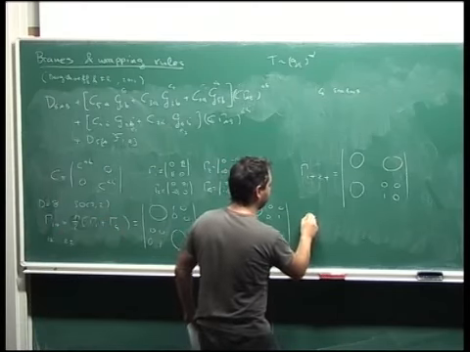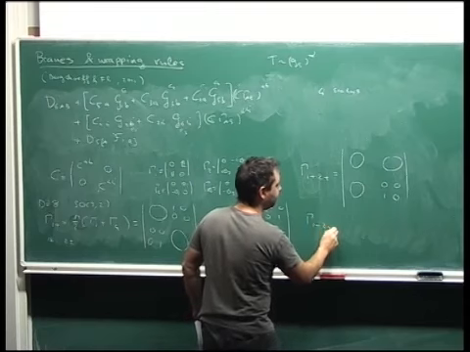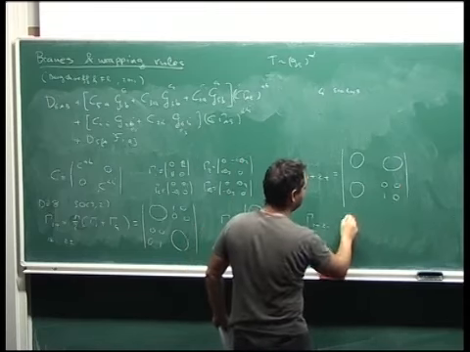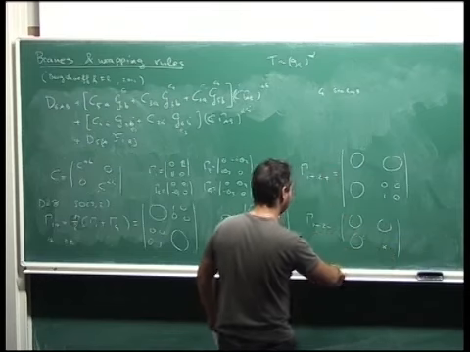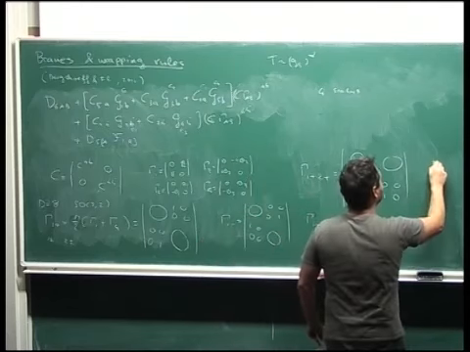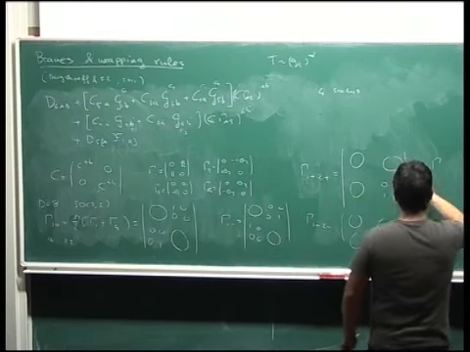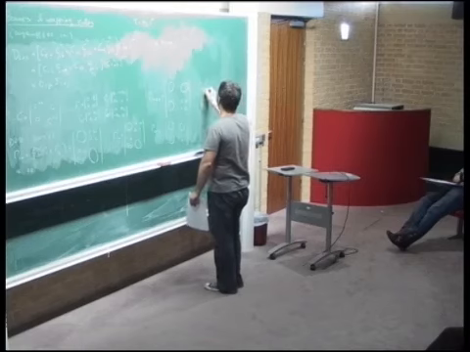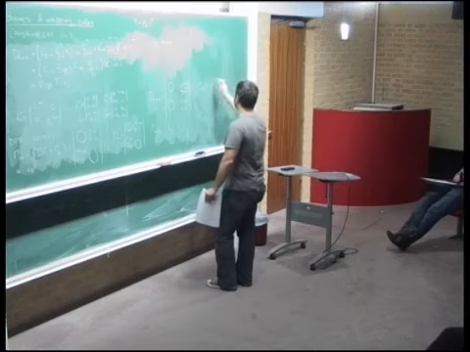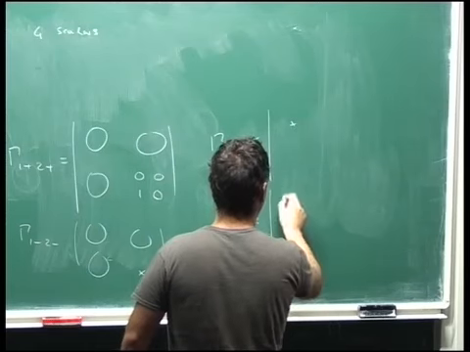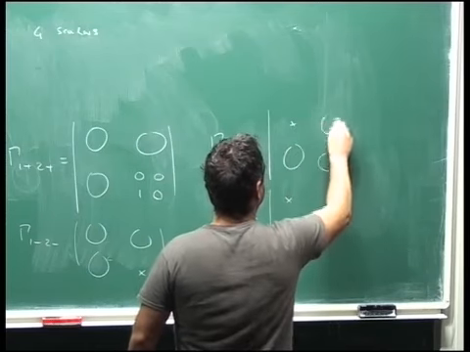In particular, it also happens for the direction 1 minus 2 minus, which again has a non-zero entry only in one block. And for the other two directions, 1 plus 2 minus and 1 minus 2 plus, there is a non-zero component in one block and another component in the other block.